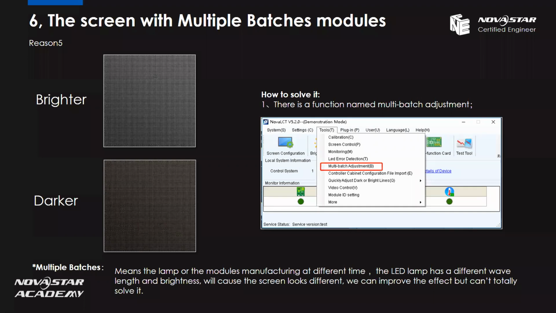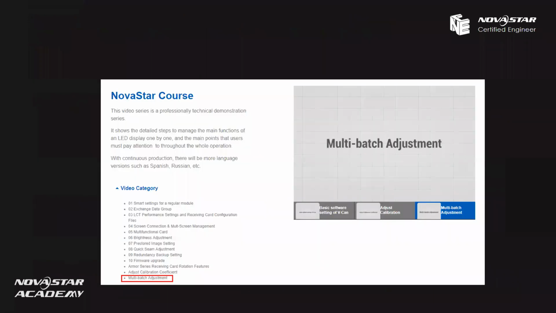So actually, the different batches problem is hard to fix, but we can try to improve the screen effect. We can use our LCT software with the multi-batch adjustment function, or with the adjust coefficients function, to observe and adjust it.